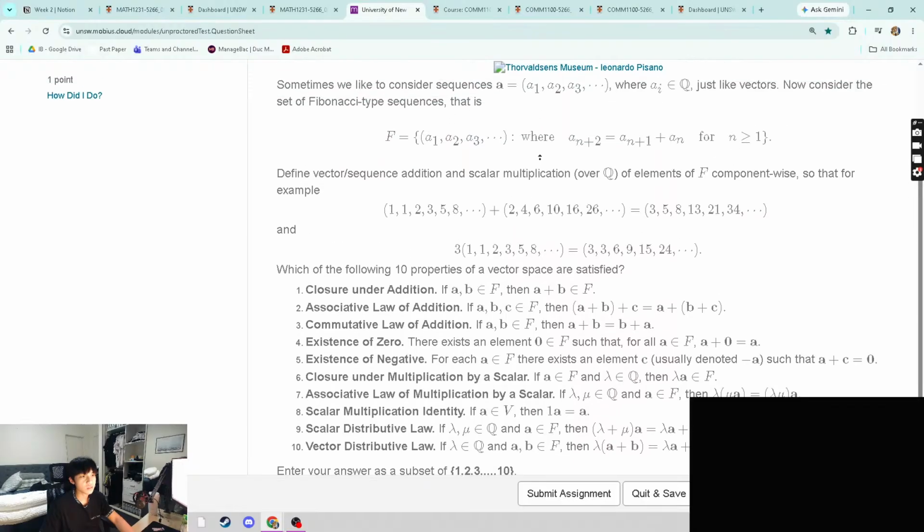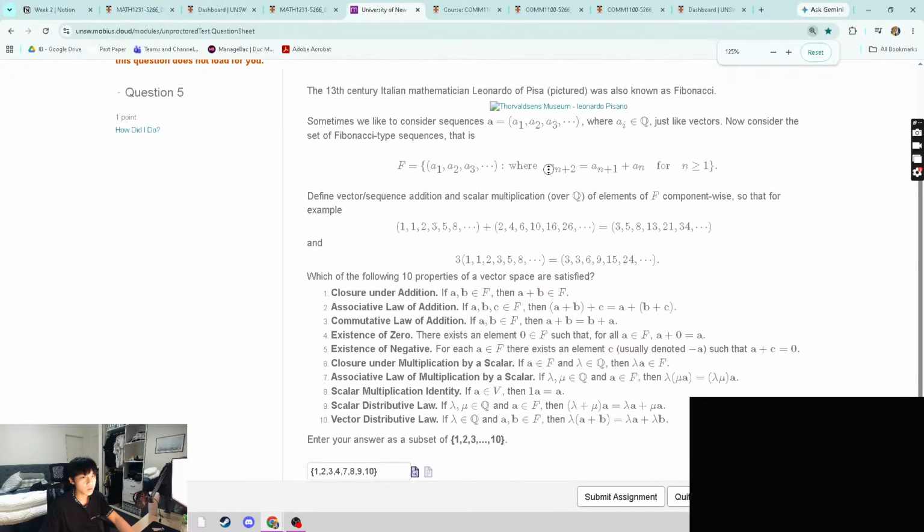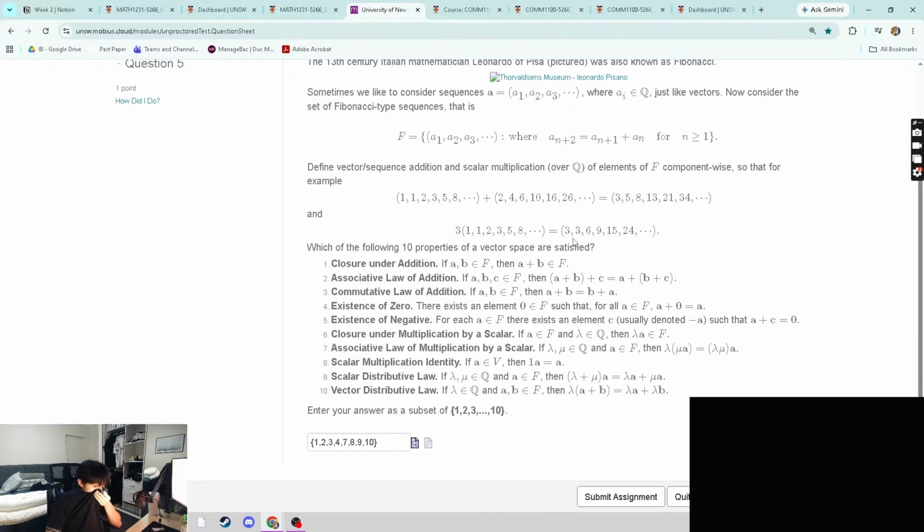I don't like this. It's actually really like you don't know what you did, or you don't know why it's partially correct. Closure under addition has to be correct. The associative law looks like you could just add them in any order, it'd probably work. Commutative law definitely works. Existence of a zero, yeah, right?